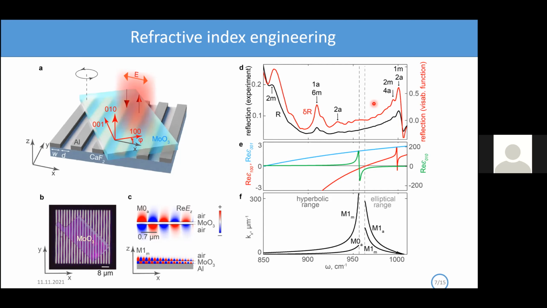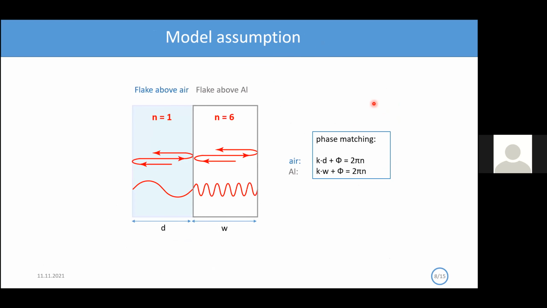We assume that waves are back-reflected from the boundaries between the areas above air and the areas above metal, so that we can write phase matching conditions in which n is the number of full waves in each resonator.